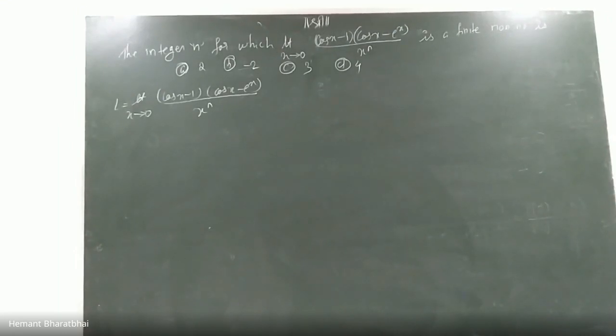Now you don't have any x raised to n term in your numerator, so you will never be able to take x raised to n and cancel it. Whatever simplification you do, you are not going to get any x raised to n term in the numerator which you can cancel out with the denominator. So it will always remain indeterminate.